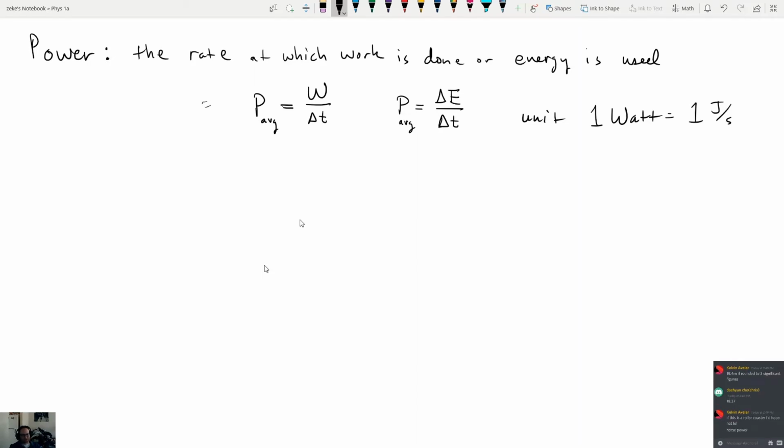If you look at something like a Corvette, it's horsepower, right? So I believe 1 horsepower is equal to, I think it's 746 watts, I want to say. I don't know if that's right. Can anyone look that up for me? Is that right? So what is a horsepower? Is it 0.746 kilowatts, maybe?